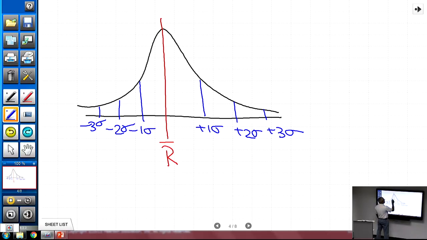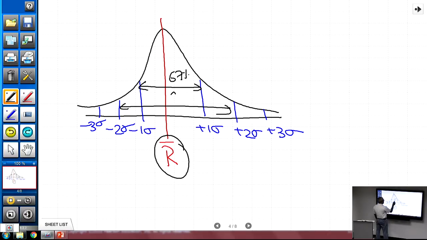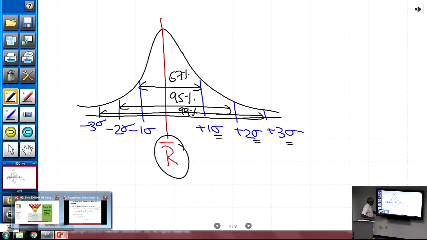Once we have assumed normal distribution, we know that these ranges are pretty standardized. 67% of the observations will be between -1 and +1 standard deviations of the mean. 95% would be -2 to +2, and 99% would be -3 to +3 standard deviations above and below the mean. So then sigma gives me a measure of risk, as we will see in a moment when we put some numbers to it.